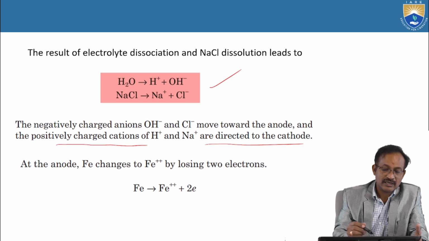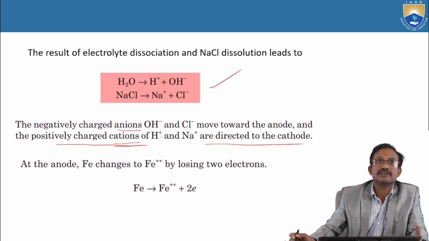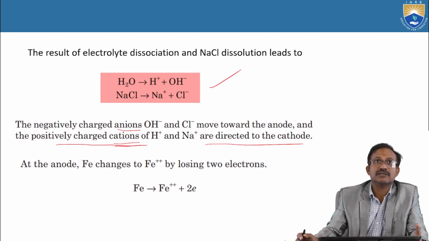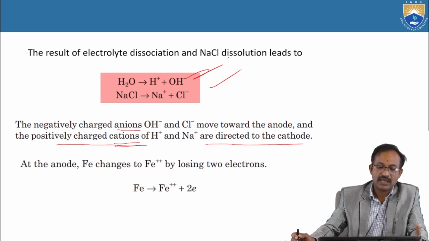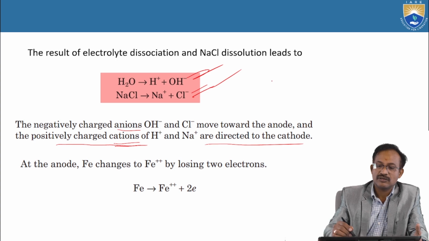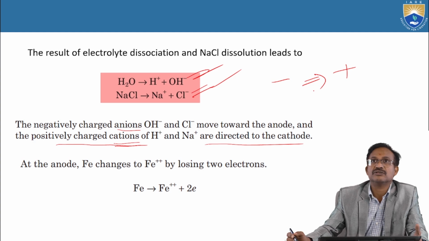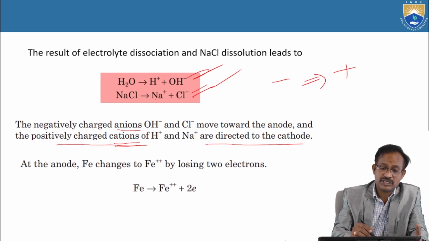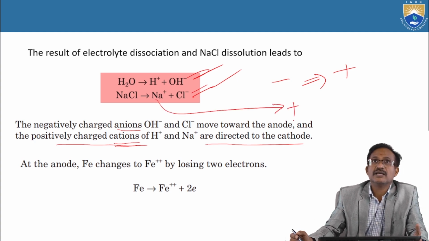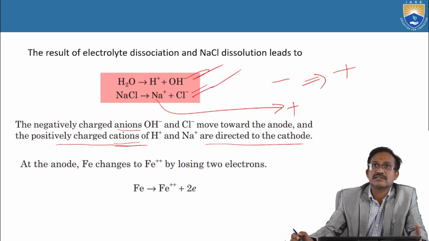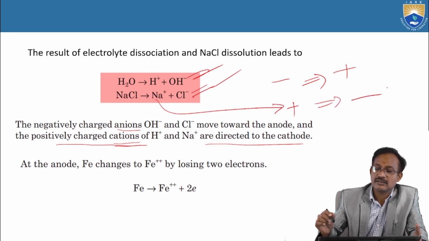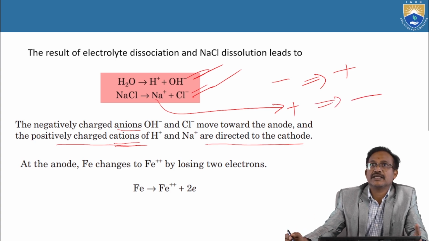Why? Because the negatives move towards the positive, and the cations move towards the cathode, which is the negative one.